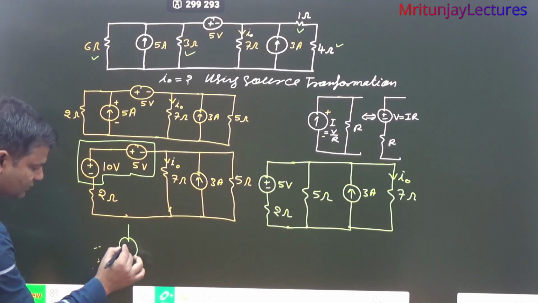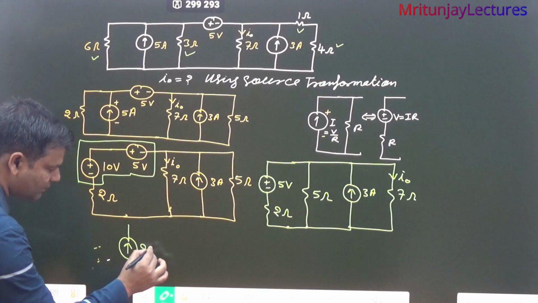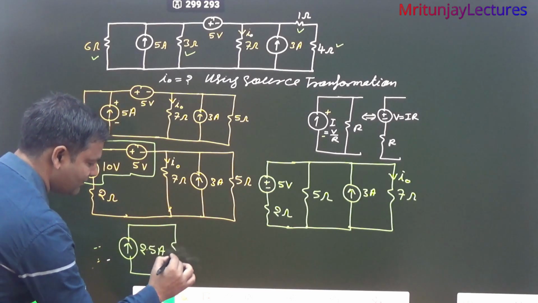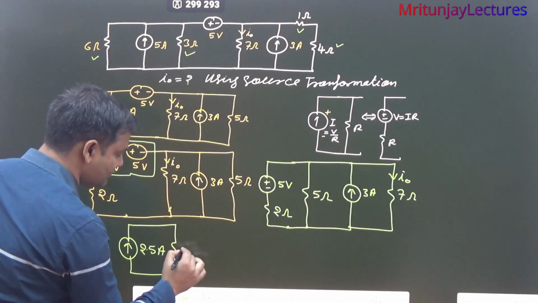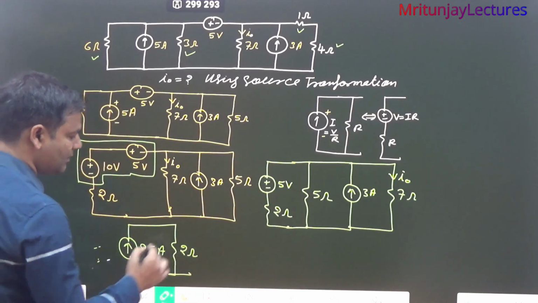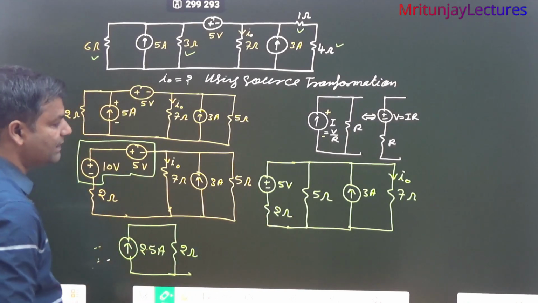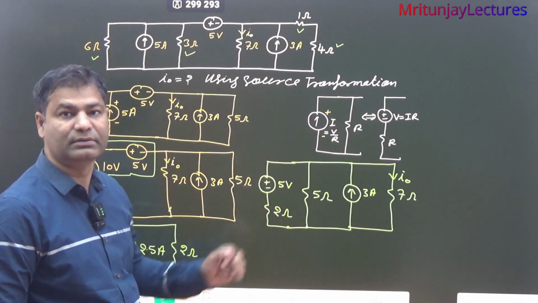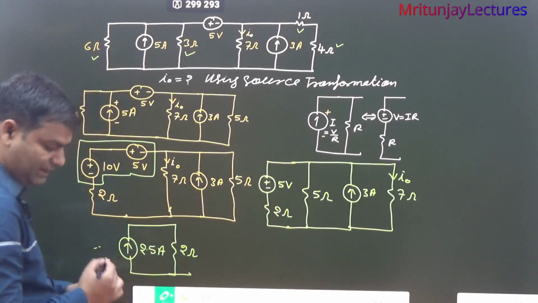What about current? 5 divided by 2, that is 2.5. This one is written 2.5 ampere. And what about resistance? That is 2 ohm, parallel resistance 2 ohm. Current direction always leaves from the positive terminal, so that's why current direction is upward. Okay, 2.5 ampere.